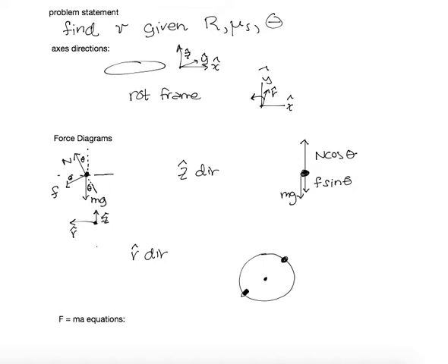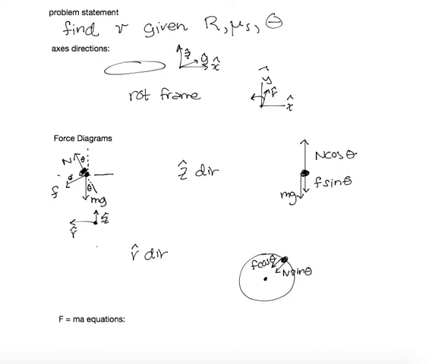Based on this diagram, this would be n sine theta, and this one is f cosine theta.